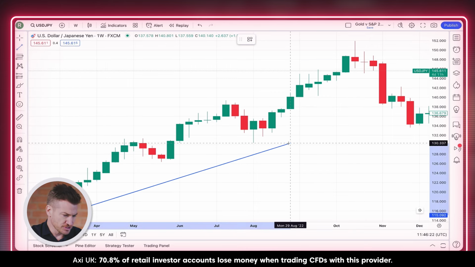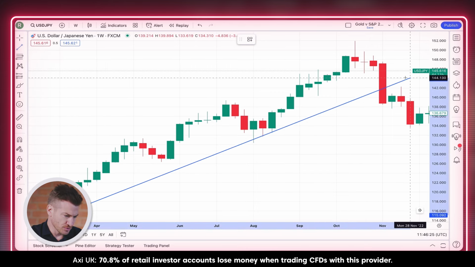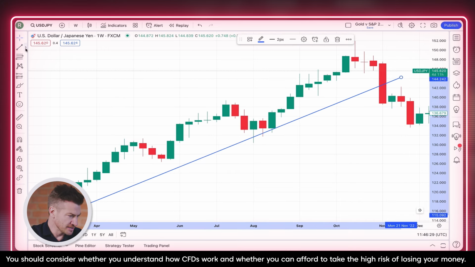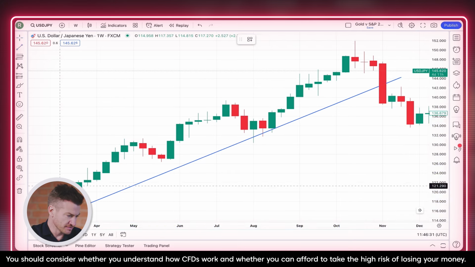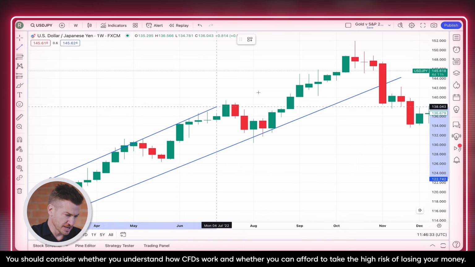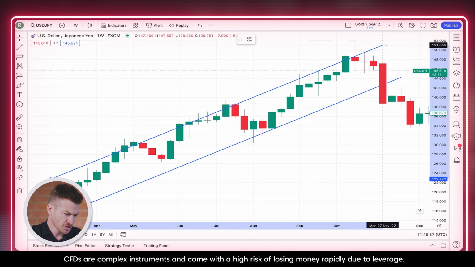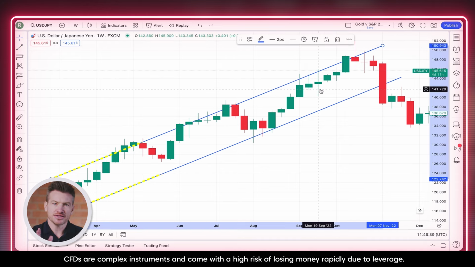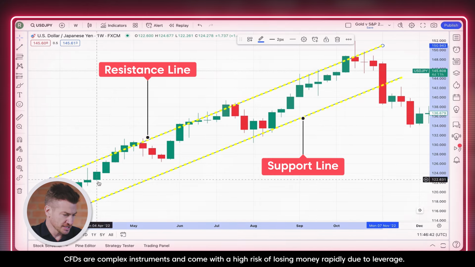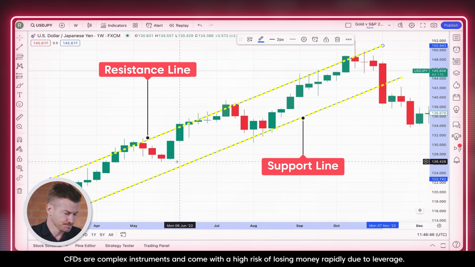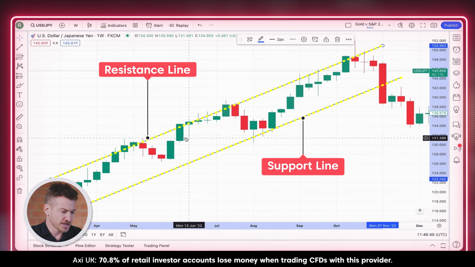Now, this is a very simple approach in that we're going to see where the support line is in the trend, and then the second line will give us a little bit of an idea where resistance is. The simple idea behind this is it gives us the buying opportunity as the price comes back down towards the trend line, and every time it gets to the top of the trend is where you would sell.